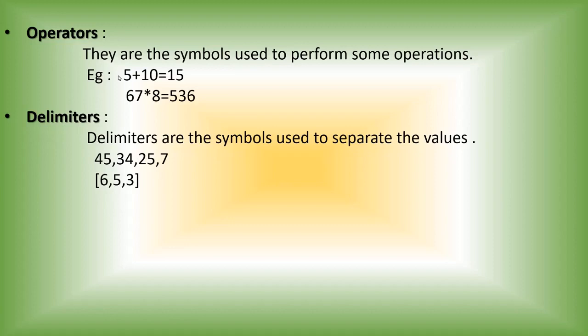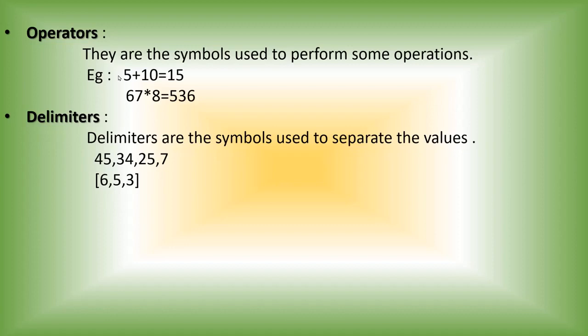In the second example, I wrote 653 inside the square bracket. In Python we use square brackets, curly brackets, and normal brackets, and all of them have their own meaning. In the second example, the square bracket is a delimiter, and at the same time the comma is also a delimiter. Similarly, a lot of other delimiters are used in Python, which we will study in later classes.